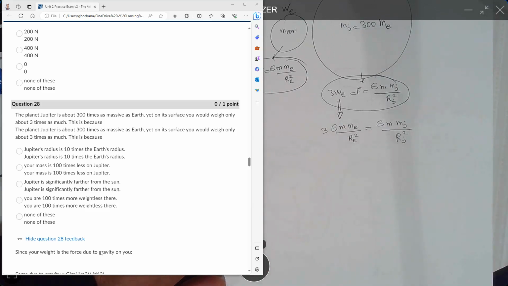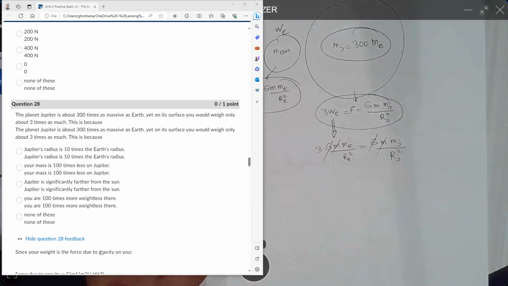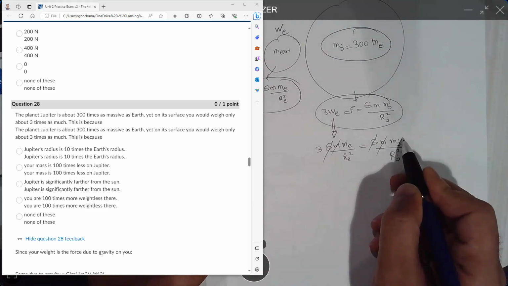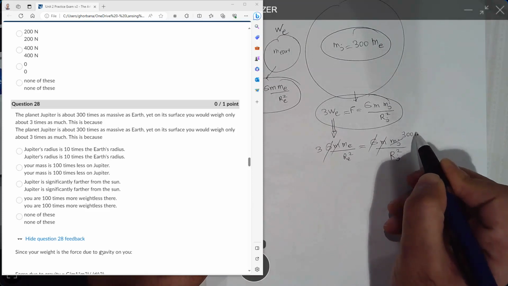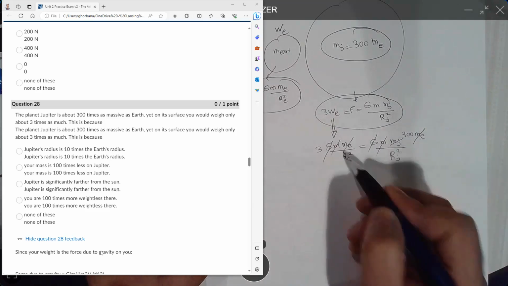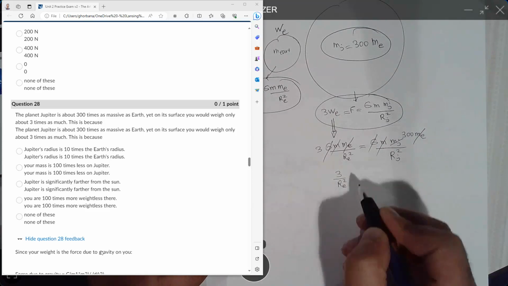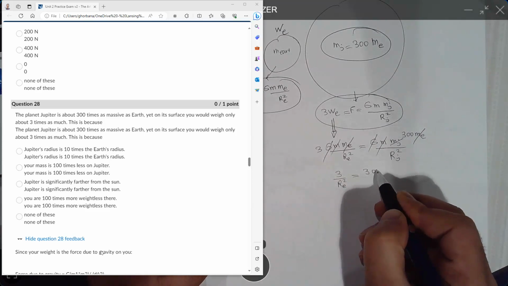So G cancels, and the mass of the person cancels. And we already know that the mass of Jupiter is 300 times bigger than the mass of the Earth. So instead of mass of Jupiter, I just plug in 300 mass of Earth. Right now, mass of Earth and mass of Earth cancel each other. What is left is 3 over r squared equals 300 over r Jupiter squared.